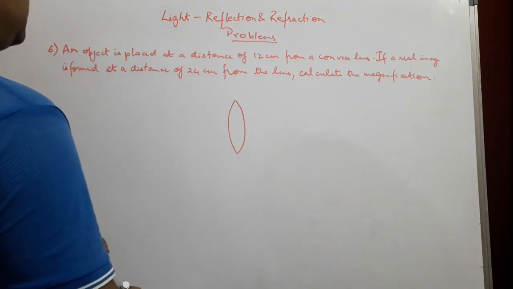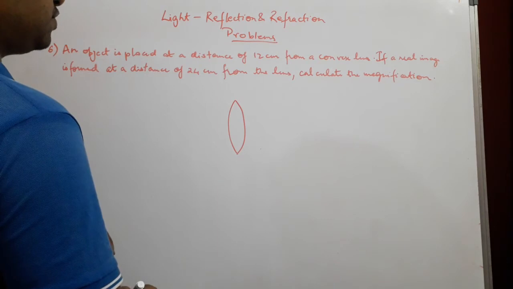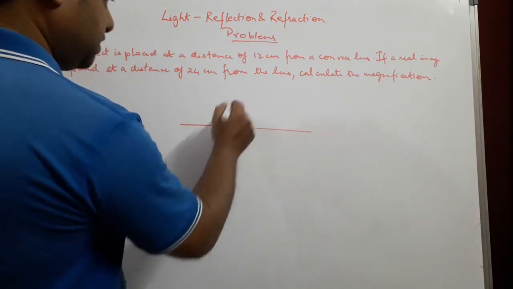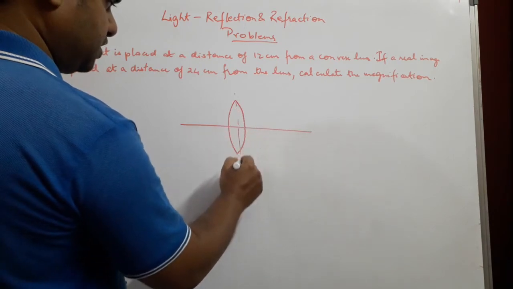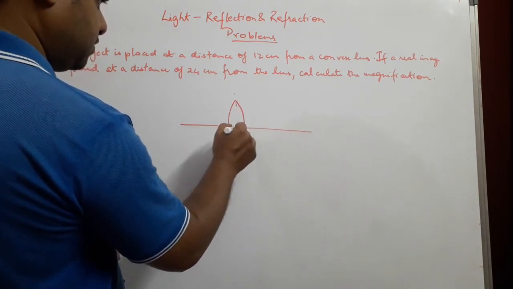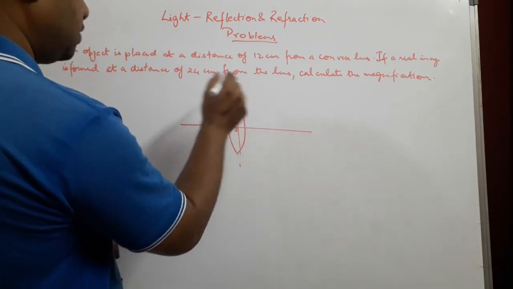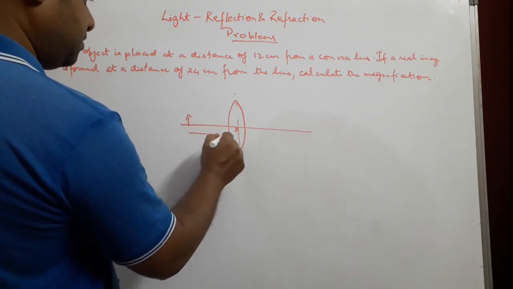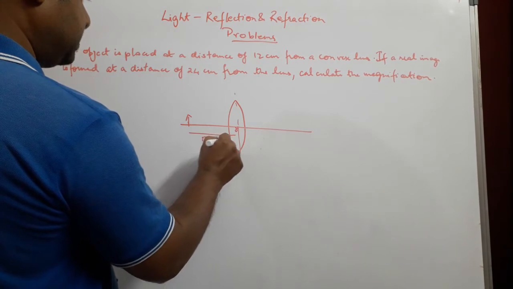Now we said an object is placed at a distance of 12 centimeters from a convex lens, which means this would be your optical center somewhere over here, that would be O, and your object would be placed somewhere out here, from here to here would be 12 centimeters.